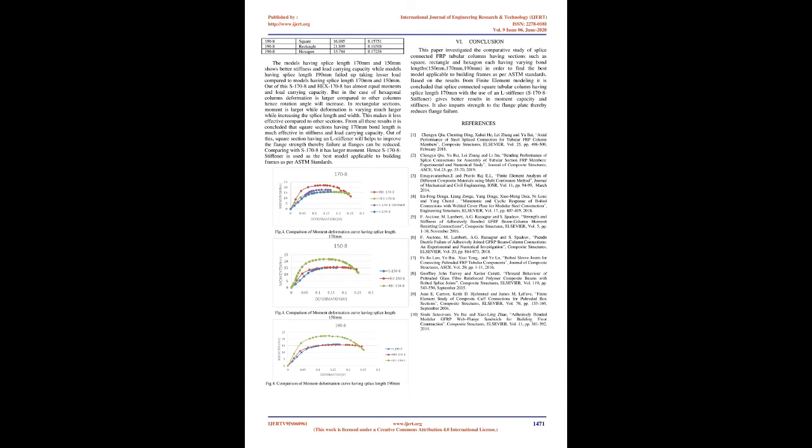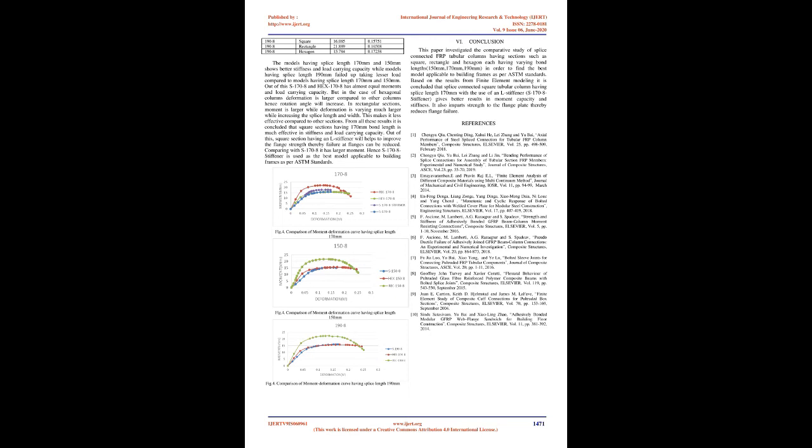B. Comparison study. In this objective, a comparative study is done in order to find out the most effective model based on varying sections and splice length by pushover analysis. The square, rectangular, and hexagonal models, each having splice length 170 mm, 150 mm, 190 mm, and the model with an L stiffener, are compared based on their load carrying capacity and deformation.